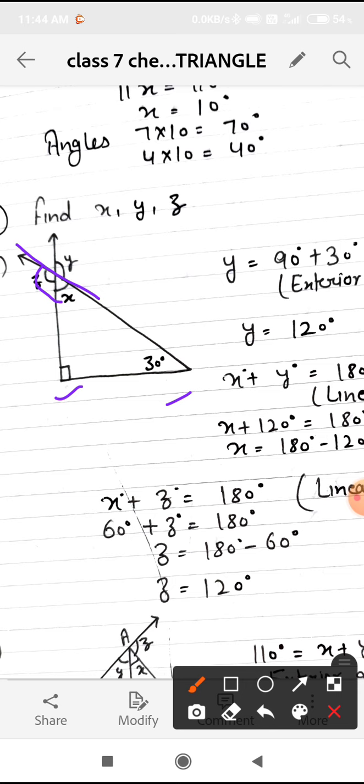This is also a straight line, so I use linear pair. x plus z is 180 degrees, and x we have calculated as 60 degrees. When you transfer it to the other side, 180 minus 60, z will be 120 degrees. So you are not restricted to any property. You can apply whichever you feel comfortable with.